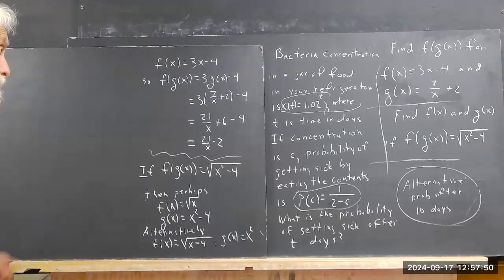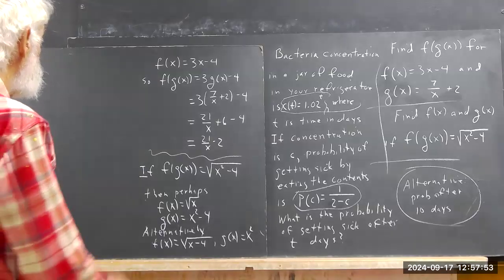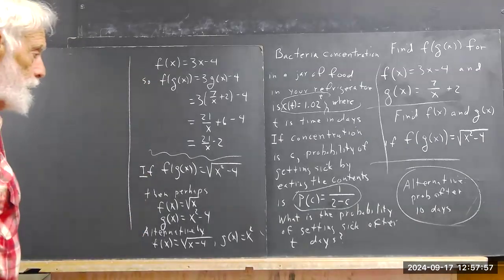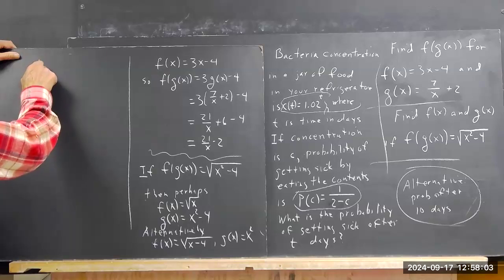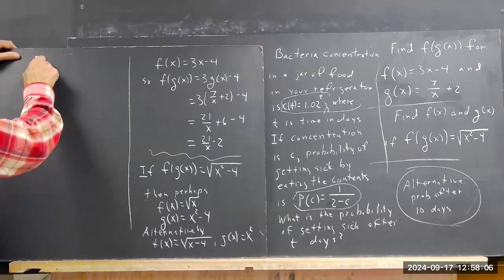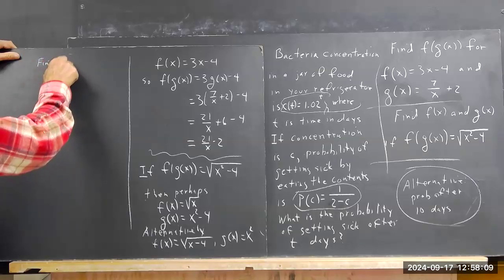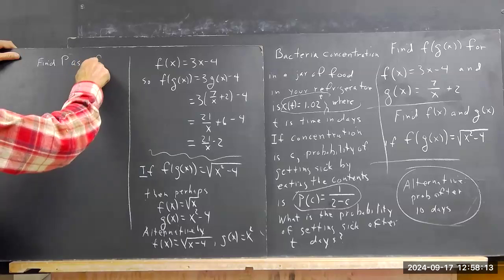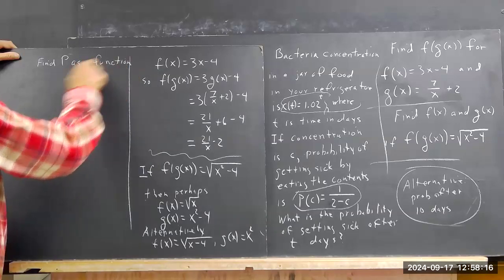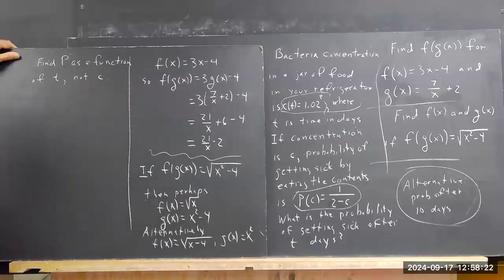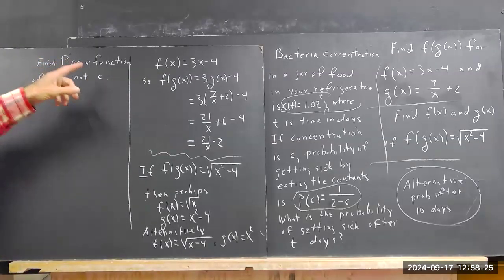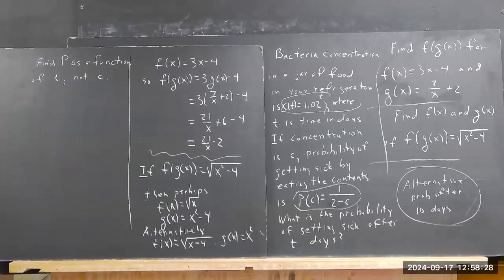All right. Now let's get to this bacteria concentration. We want to find P as a function of T, not C. Now it is a function of C, but now we want to write it as a composite.